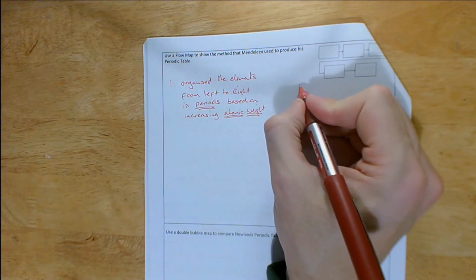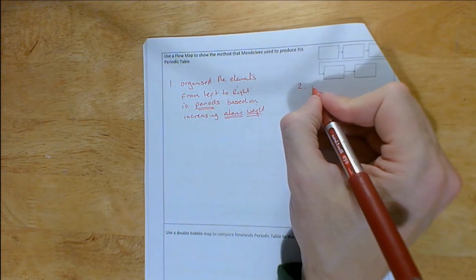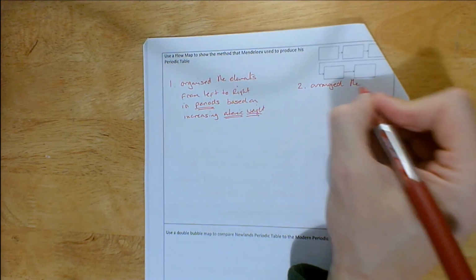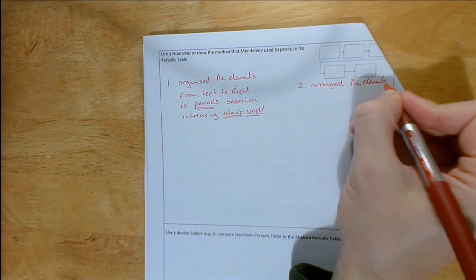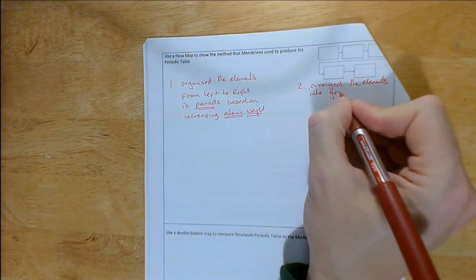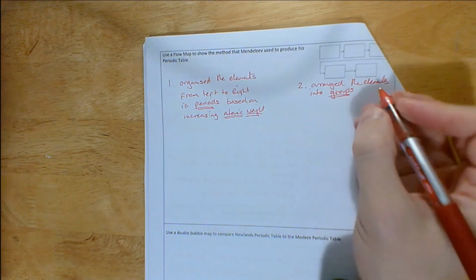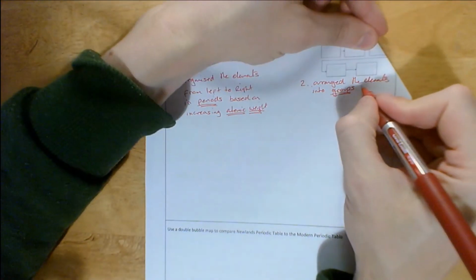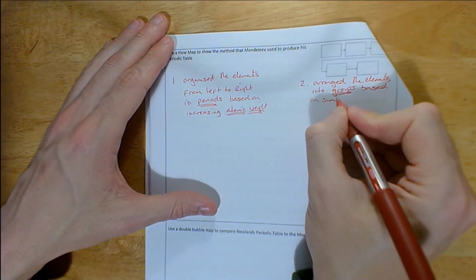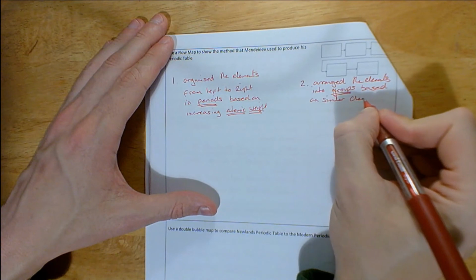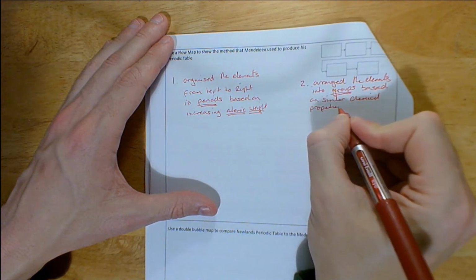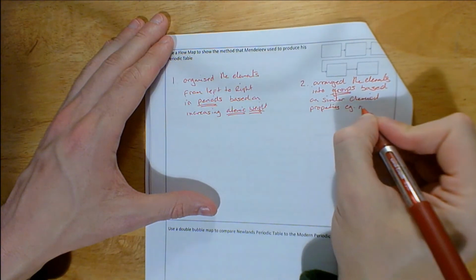The second thing he did was he arranged the elements into groups based on similar chemical properties. For example, reactivity.